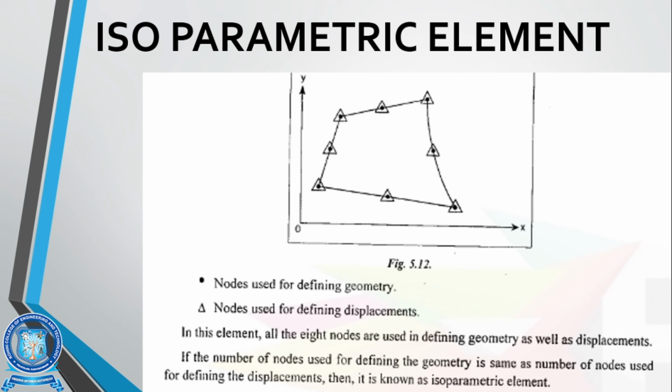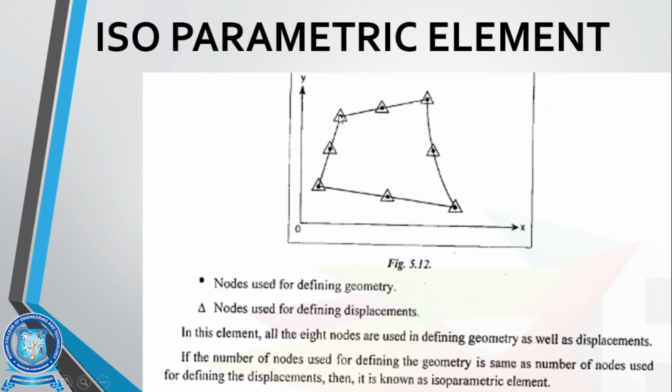Now we are going to see the isoparametric element. See the figure, it has a quadrilateral element. In this element there are 2 different types of nodes: one is a dotted node and another is a triangular node.